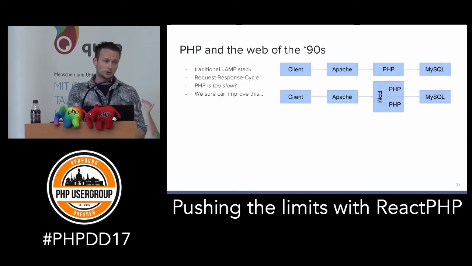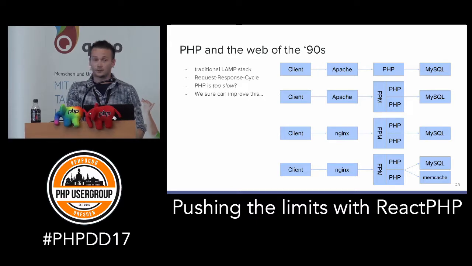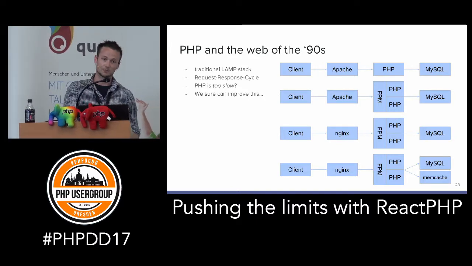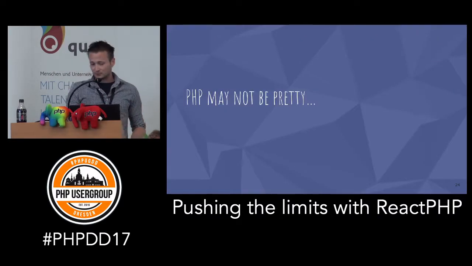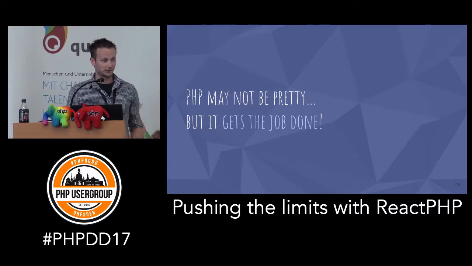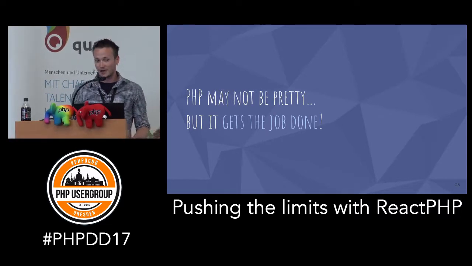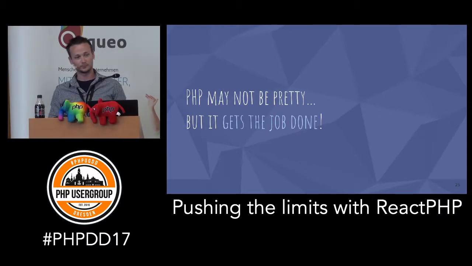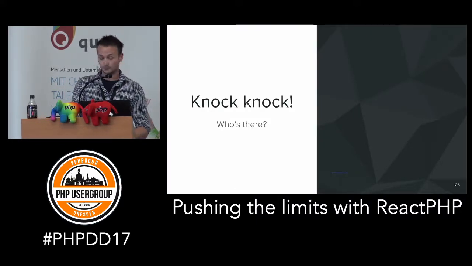For example, we can spawn multiple PHP processes, or we can use Nginx instead of Apache, or we can use a cache solution such as Memcache or Redis. And this leads us to: PHP may not be pretty, but in fact, it gets the job done. That's why we all are here. We are here because we help businesses earn money. PHP gets the job done. PHP is a very powerful product.